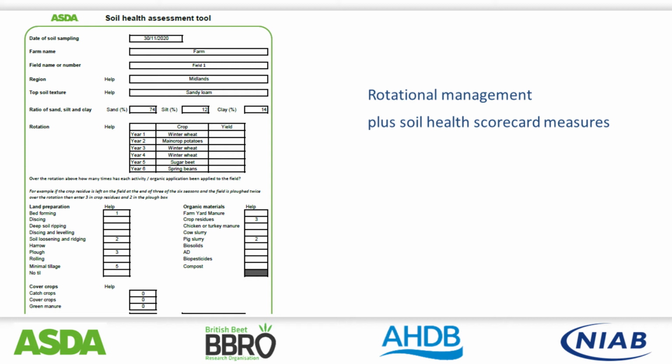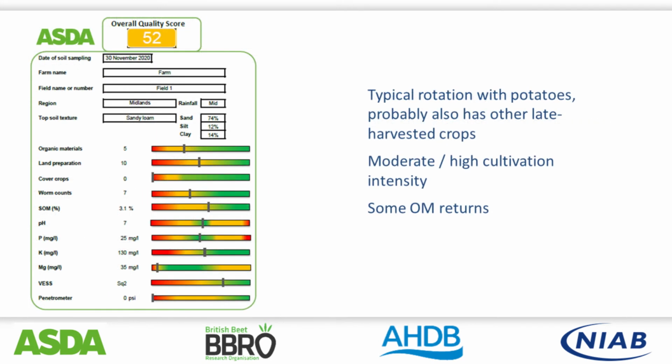I'm just doing one example here for soil sampled last autumn, with fairly intensive cultivations across the rotation, main crop potatoes and sugar beet in that rotation, some crop residue returns, some applications of organic materials. It is actually data from a typical farm field, slightly twiddled, but not by very much.